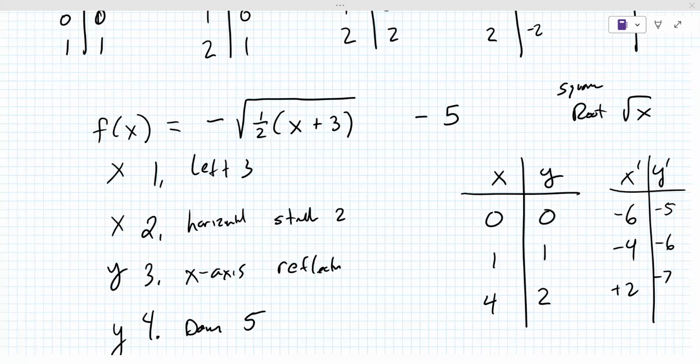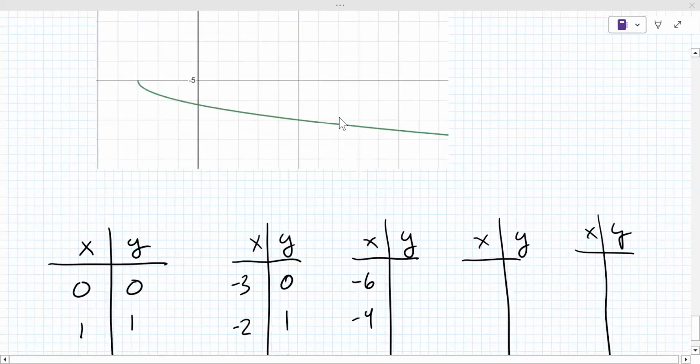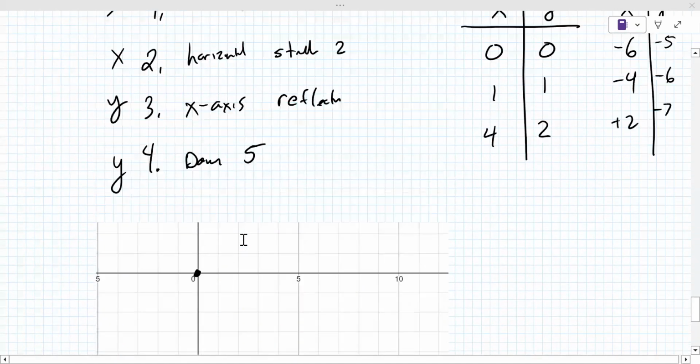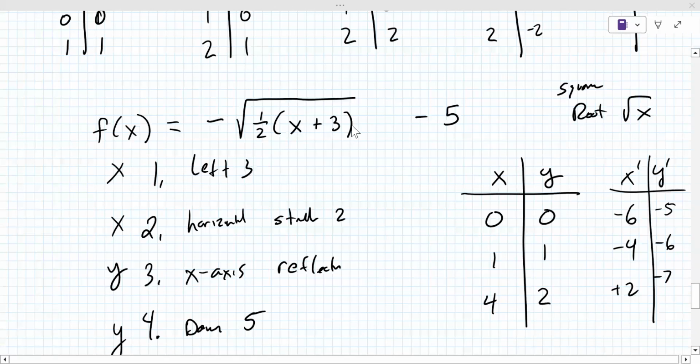Well, wait, we still got a couple here. Hold on, I'm seeing a problem here. Let me try to figure this out. Left 3. See, normally you bring that out.